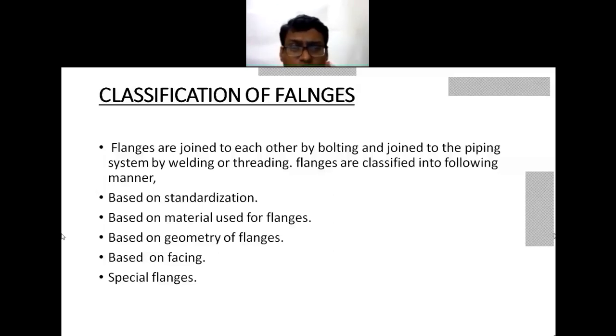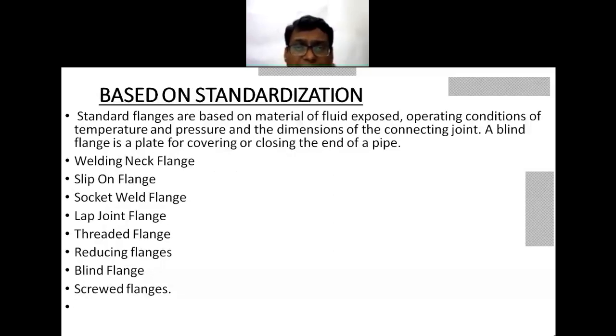So different geometries of the flanges, we are going to study. Then based on the facing, flat face or raised face flanges, and some special flanges will also be there. So one by one, based on the standardization.